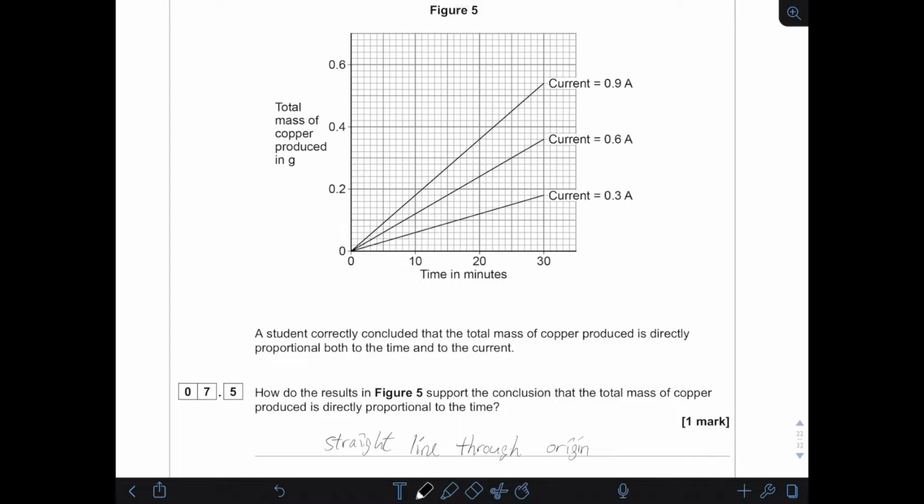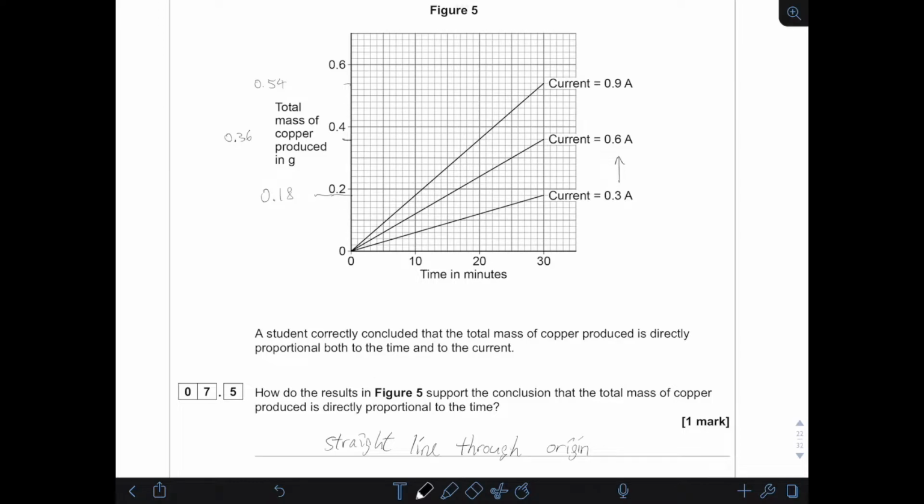If you double the current, the absolute amount of copper, which started as this one, was, if I can read, 0.18 at 0.6, that's right here, which ends up to be 0.36, and at 0.9 this one is at 0.54.